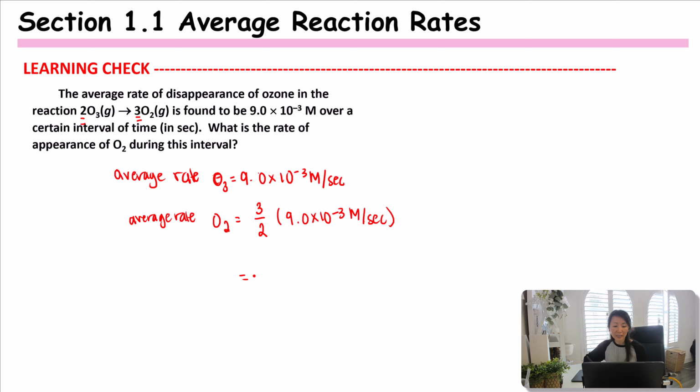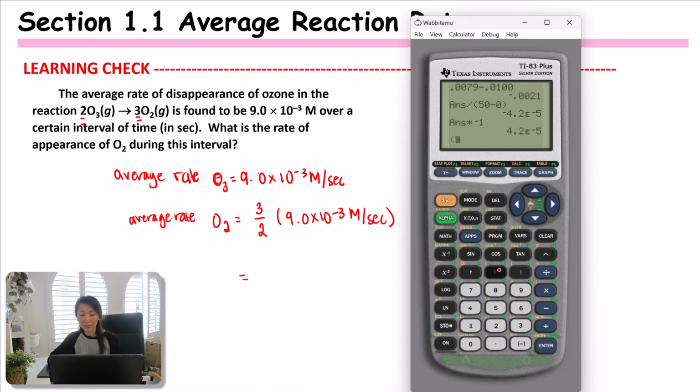So let's go ahead and punch this in. We're going to write 3/2, multiply, and then I'm going to put those two in parentheses to let them know those are one entity. And then that's 9.0 times 10 to the -3.